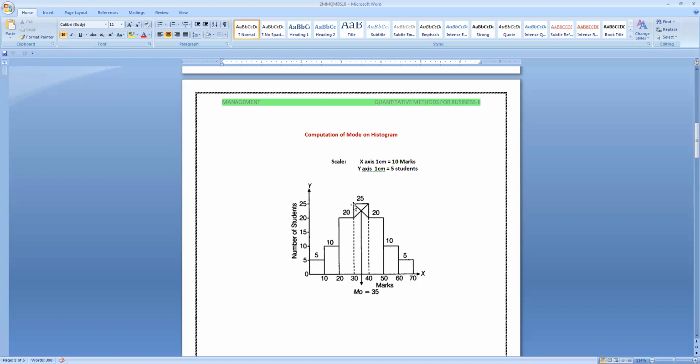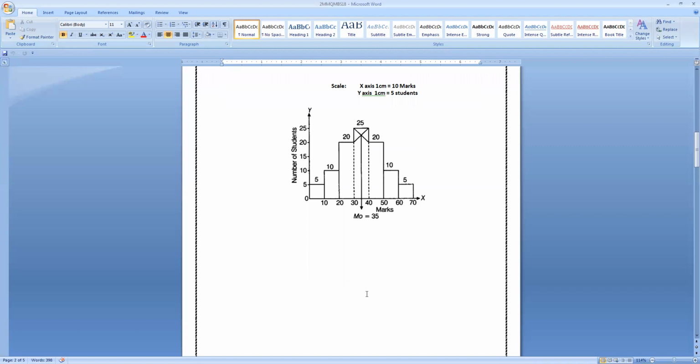Now at the end of the previous rectangle, on the left side, we draw a diagonal slanting to the right, and again from the right side to the left side at the end of the previous rectangle we draw a diagonal. Then we construct one perpendicular line from where they meet, which is going to meet the value of the mode. So here we got the perpendicular line at exactly 35. Therefore, the value of the mode is 35 marks here.